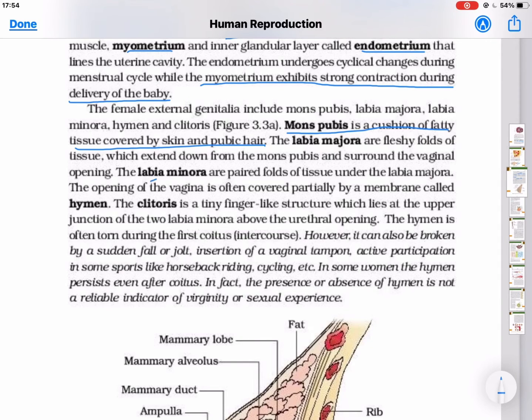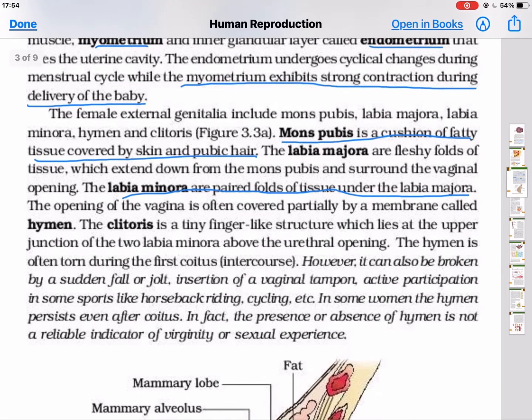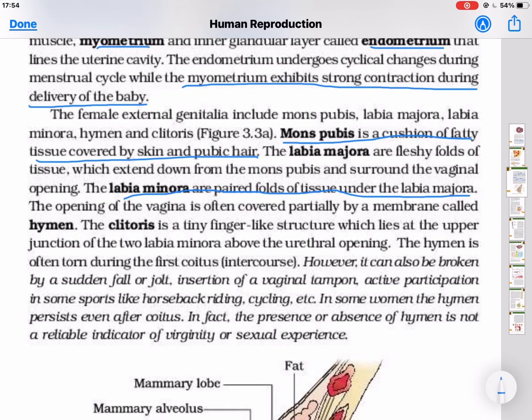The labia minora are paired folds of tissue under the labia majora. The opening of the vagina is often covered partially by a membrane called hymen. The clitoris is a tiny finger-like structure which lies at the upper junction of the 2 labia minora above the urethral opening.